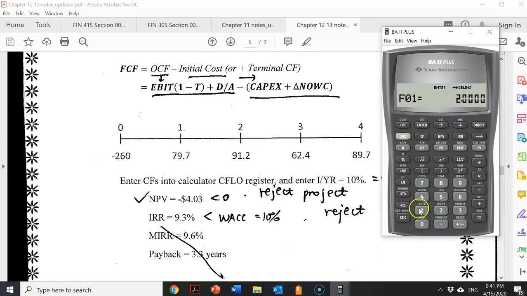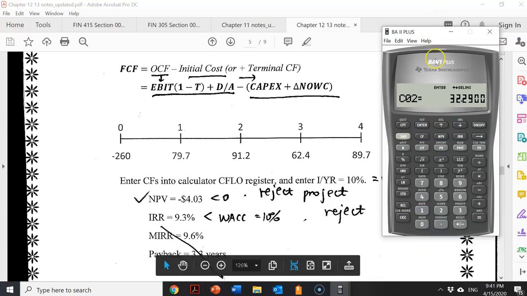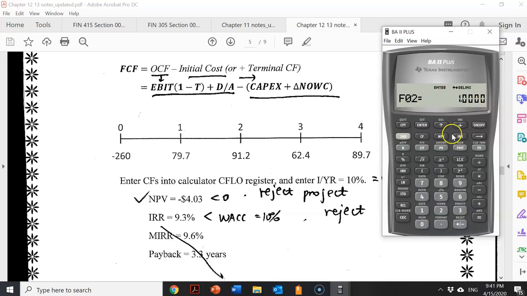Frequency 1 should be 1, enter. Cash flow 2, 91.2, enter. Frequency 2, 1. Cash flow 3, 62.4, enter. Frequency 3 as 1. Cash flow 4 as 89.7, enter. Frequency 4 as 1.